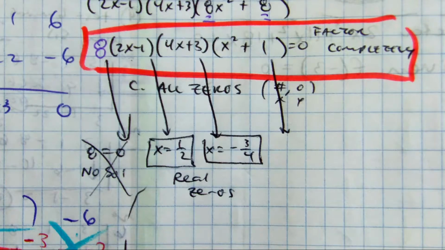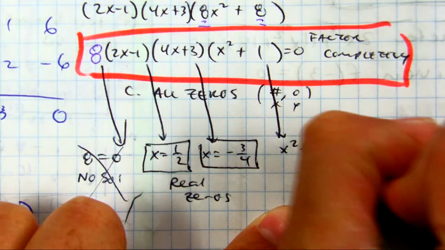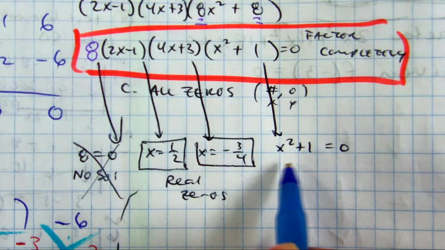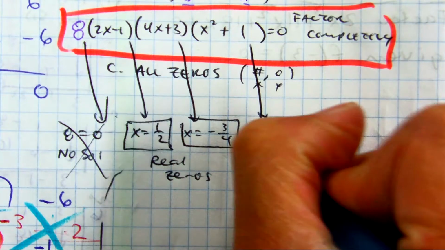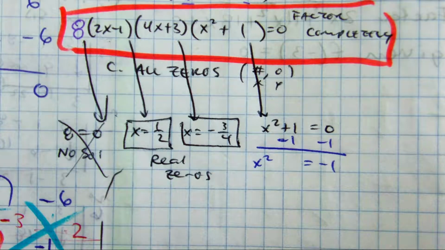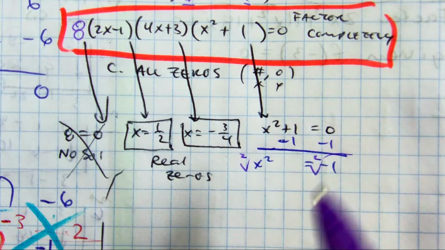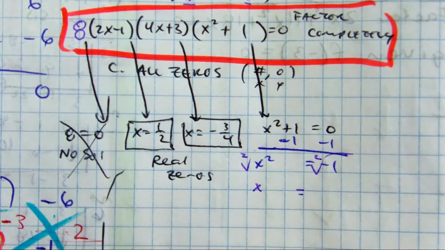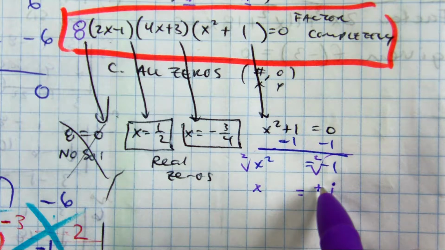All right, take a look at this one. x squared plus 1. Class, how do you solve for x? You want me to square it? Square root. x equals i plus or minus.